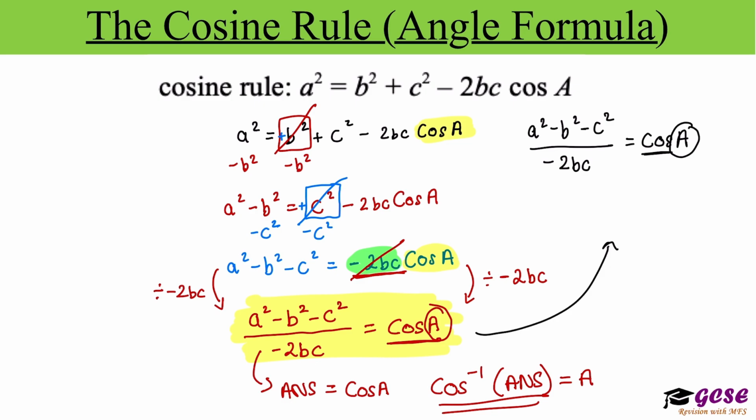So we have to inverse cos the other side. So we're going to cos minus 1, everything on the other side. So a squared minus b squared minus c squared over negative 2bc. And that's going to be equal to A.